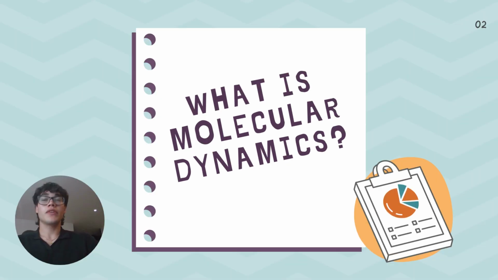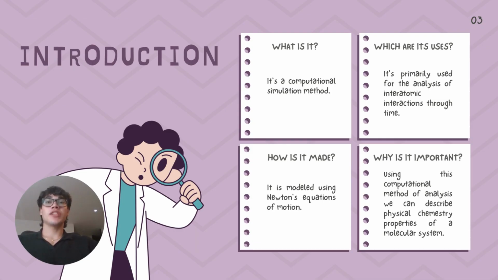So, first we have to know what molecular dynamics is, and that's a computational simulation method that is used to primarily analyze the motion and interactions inside of a molecular system through time. For that reason, it is necessary to use an HPC or high performance computing that has to be capable of modeling an entire system of millions of particles using Newton's equations of motion.